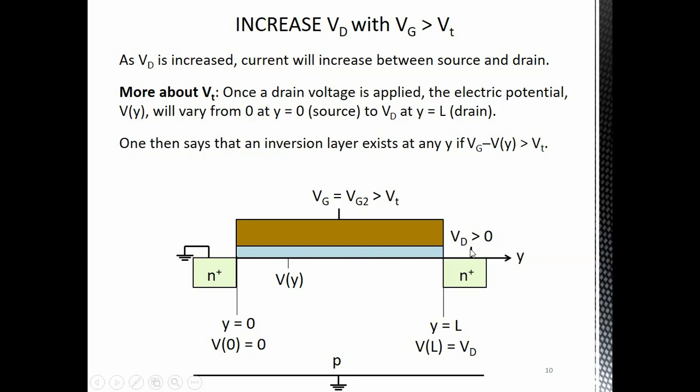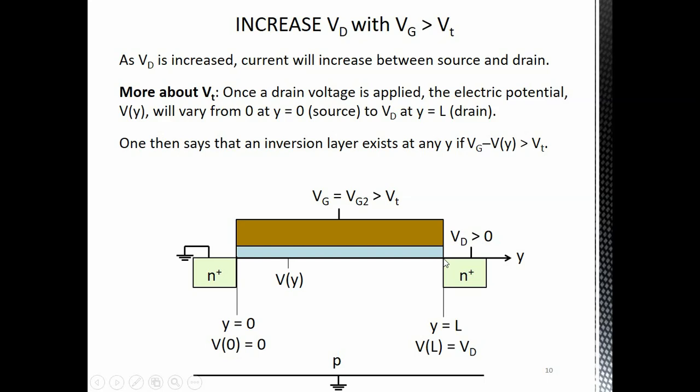Let us say Vd is 0.5 volts. So if this is 0.5 volts and this is 0 volts, what this means is that the electrostatic potential in the channel due to the drain will vary from 0 here to 0.5 here. Alright, so it is changing from 0 to 0.5.